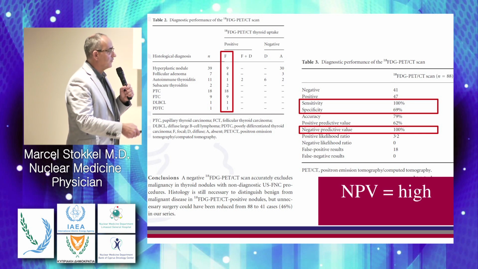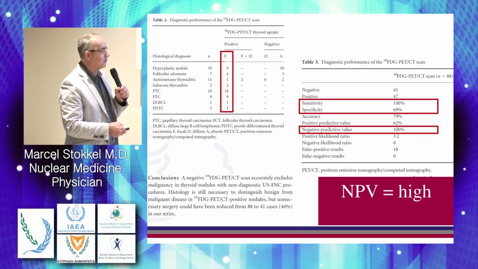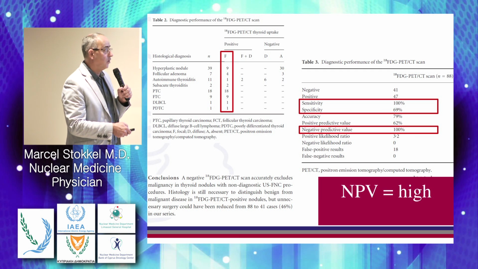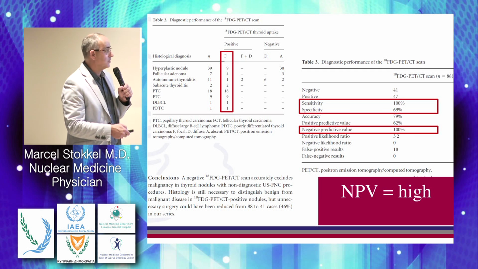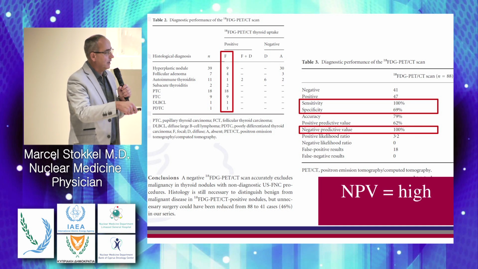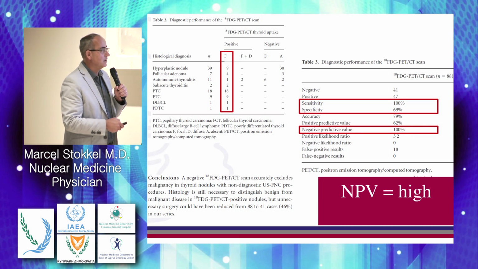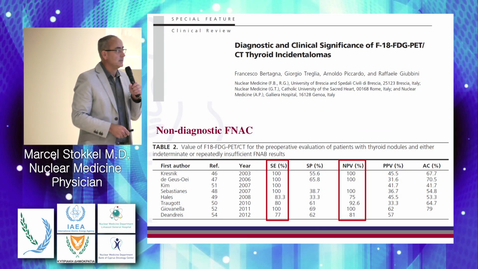And the conclusion of this study was that a negative PET scan accurately excludes malignancy in thyroid nodules with a non-diagnostic ultrasonography and fine needle cytology procedure. However, histology is still necessary to distinguish between benign and malignant diseases.